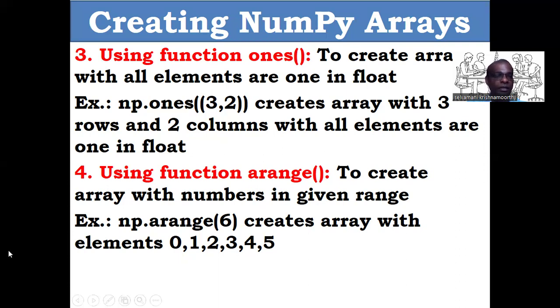See it here, np.arange(6). It creates an array with elements 0, 1, 2, 3, 4, 5. Is it clear? 6 is the stop, so stop minus 1, that is 5. Here, start and step are missing, so start is considered 0 and step is considered 1 by default. That we already studied under core Python.